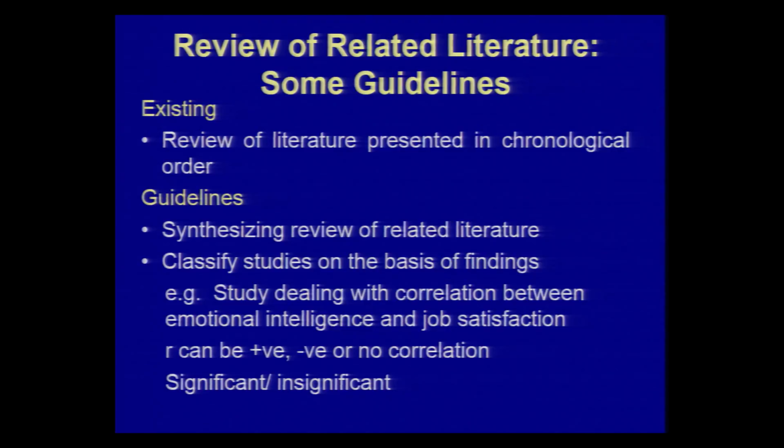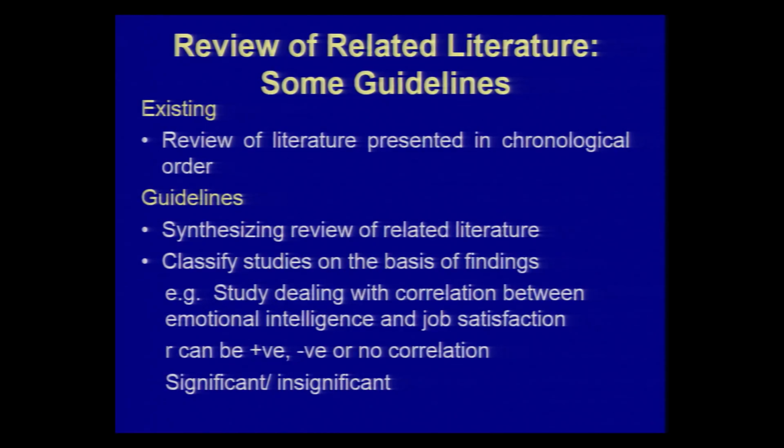One of the drawbacks that one can observe in the existing system, how review is represented in the thesis or the dissertation or in the journal articles, is that most of the review of related literature is presented in chronological order. A study conducted in 85, another study conducted in 87, another conducted in 91, 95, 2001, and so on.